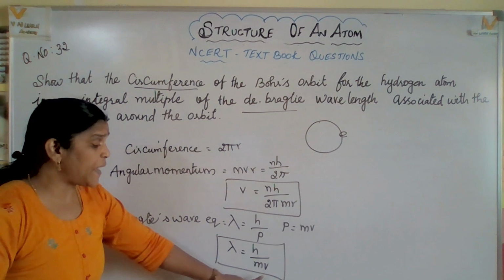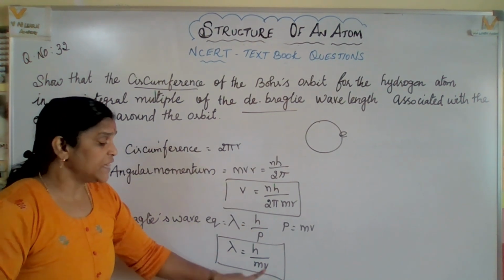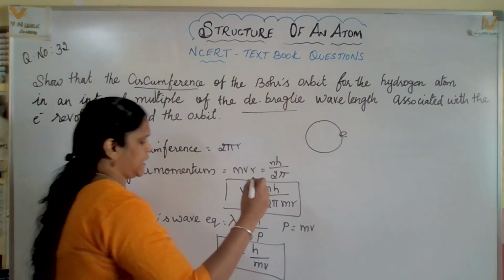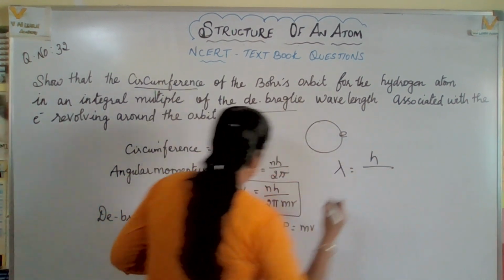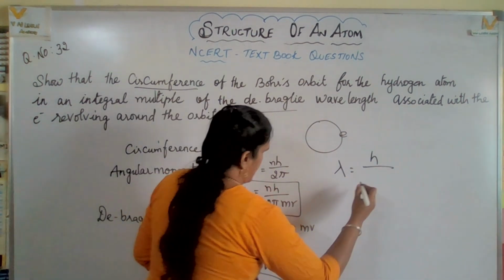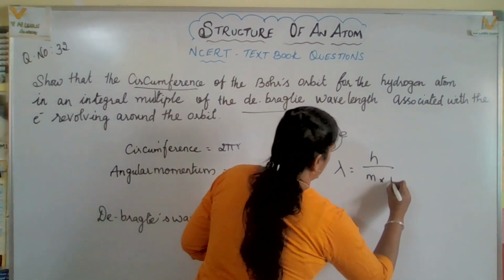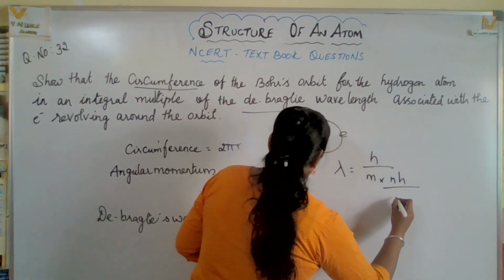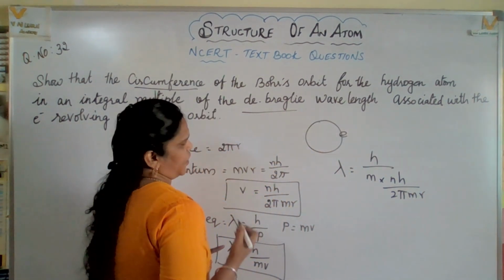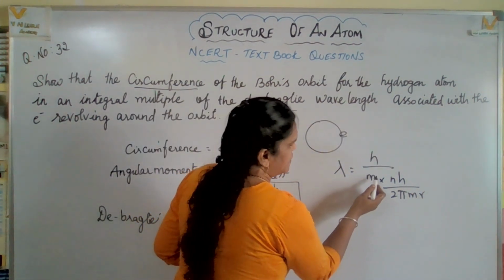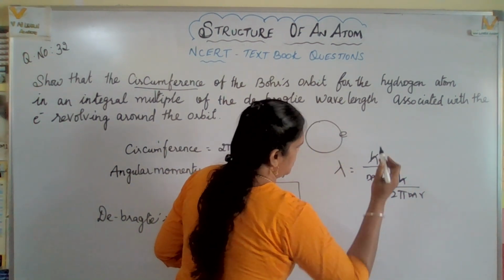Now let us apply that here. What is that v value here? What we received, that value we can apply over here. So lambda is equal to h by m into nh by 2 pi mr. Now let us check, this m and this m will be cancelled, this h and this h will be cancelled.